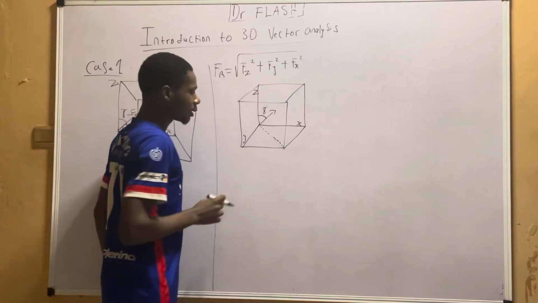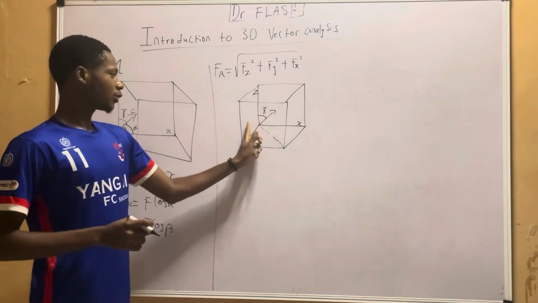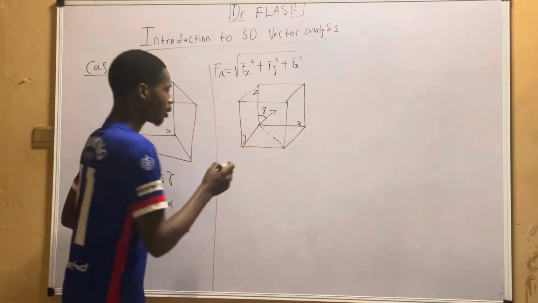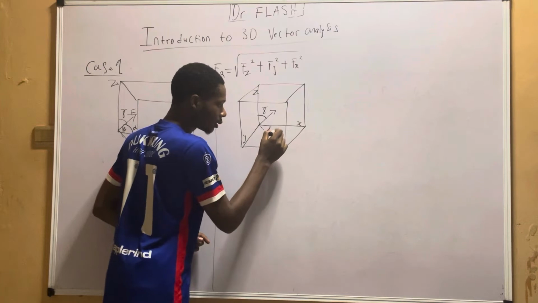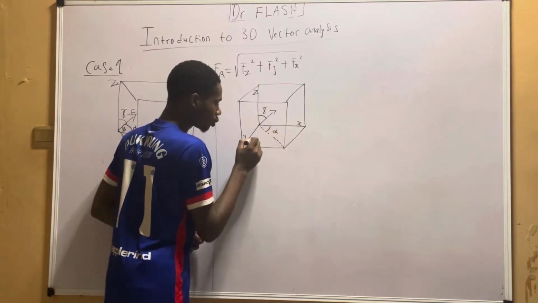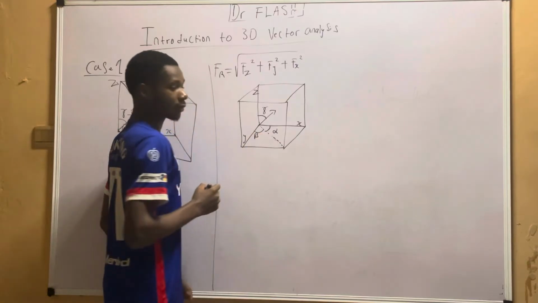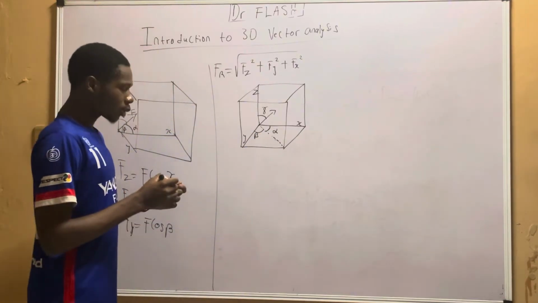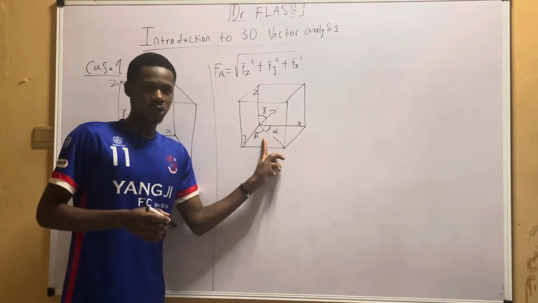Now in this case, we cannot just resolve to the x and y axes because we are not given the angle directly here, but we're given the angle with this diagonal at the bottom, and also the angle between this one and the x-axis. What we're going to do first of all is resolve down to this bottom component, which is the diagonal.